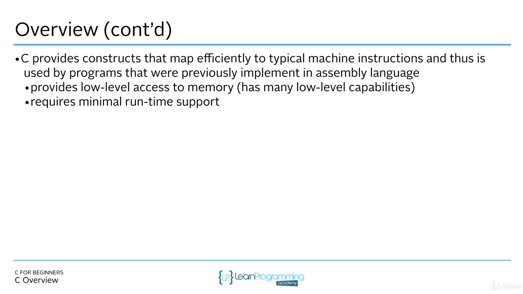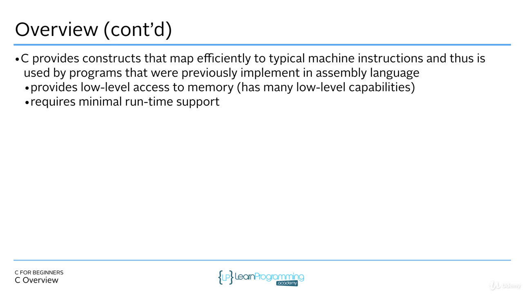C provides constructs that map efficiently to typical machine instructions. So we talked about this idea of a compiler, and machine instructions are at the lowest level. Because this mapping is so easy in C, it's often used for programs that were previously implemented in assembly language. And for this reason, it also is very easy to write operating system or embedded programs, like I mentioned.